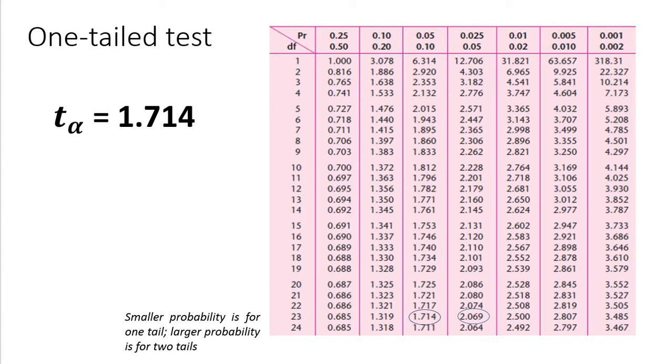So previously, when we performed two-tailed test and we wanted to have alpha equal to 5%, we used this column. Now, we still have to keep alpha equal to 5%, but now we are performing one-tailed test. That's why we take this column, and our critical value is 1.714.